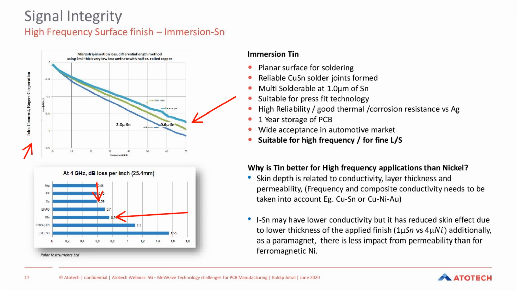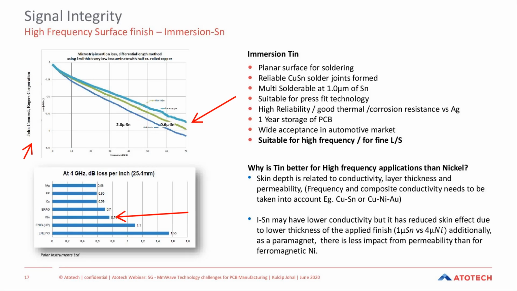So definitely one of the key things to look at is how the circuit is going to be used and in what kind of environment, and then you can really make a decision. One thing I can say about high frequency applications, immersion tin already has a good proven track record in the automotive industry, where it's been used for LiDAR and radar PCBs.